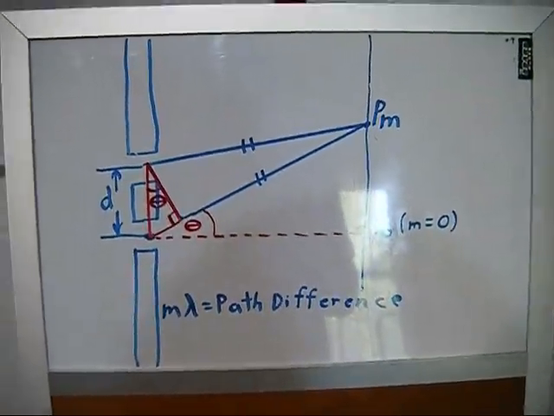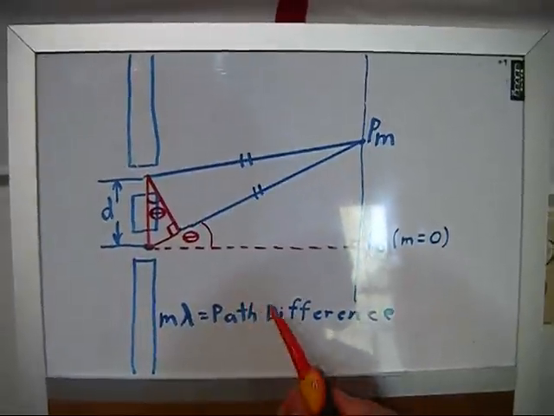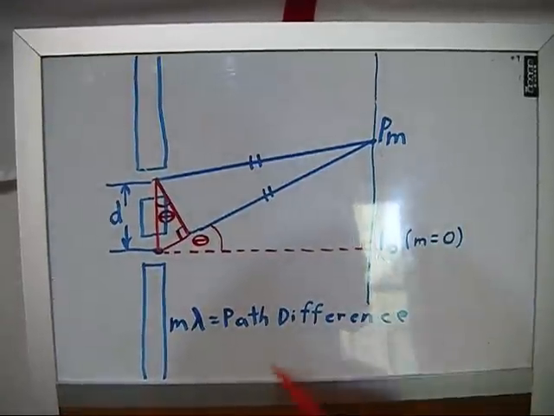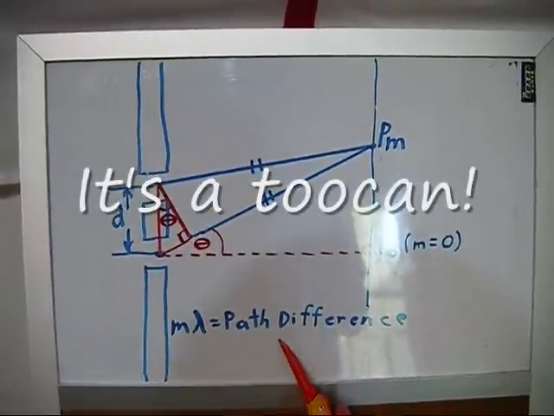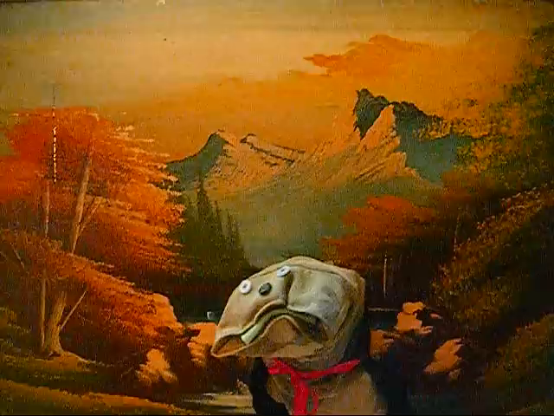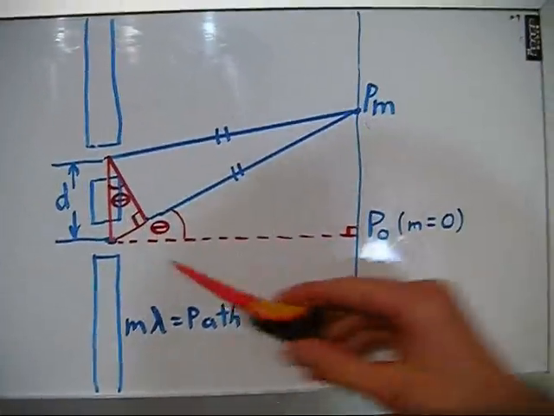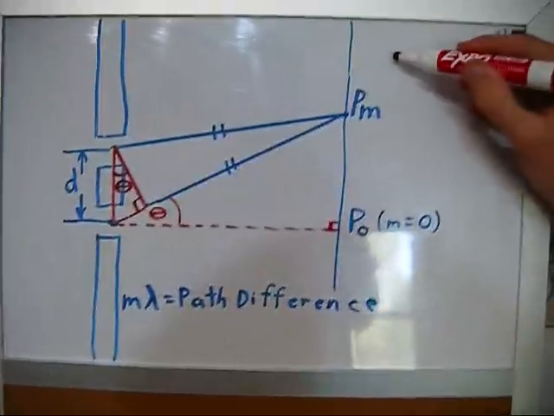Okay. So now that we have this new drawing of the same light traveling through, we can deduce a new equation from Young's first equation. These two sides are both the same, so this is the path difference.